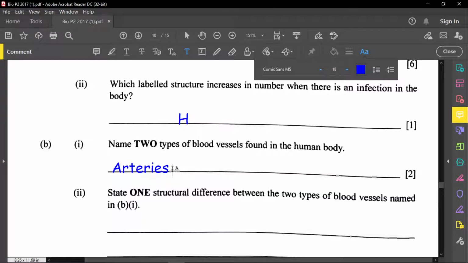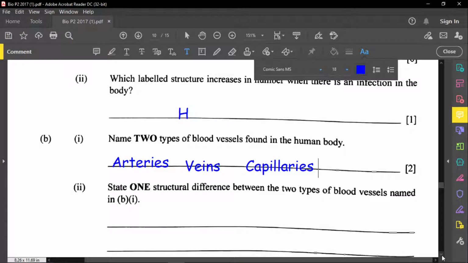So there are three, in fact: arteries, veins, and capillaries. But again, they only ask you for two, so please follow the instructions. I'm listing all three here because you're using this for studying purposes.